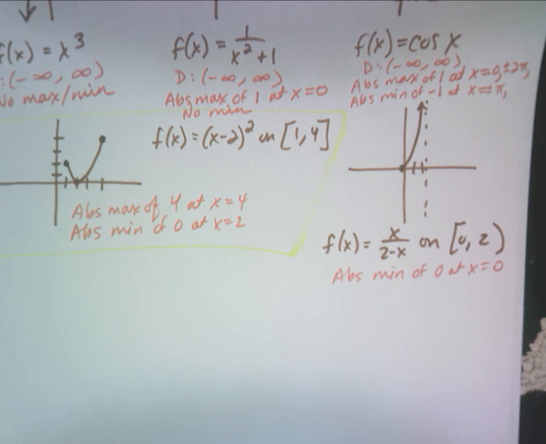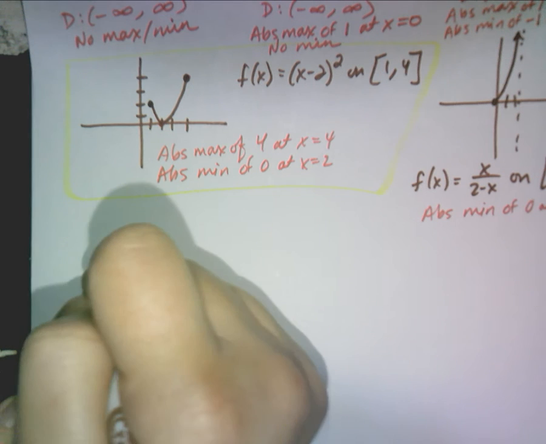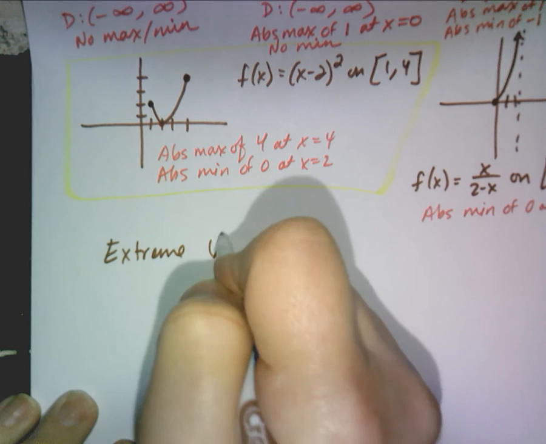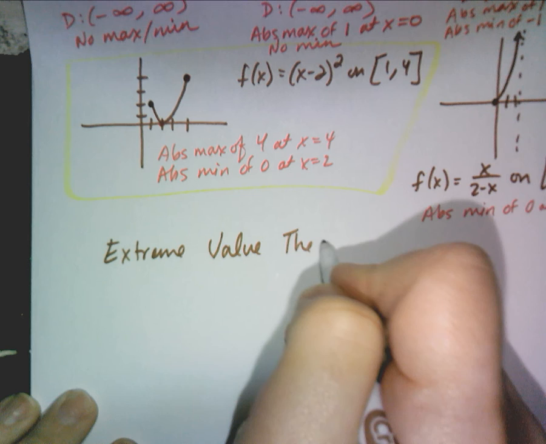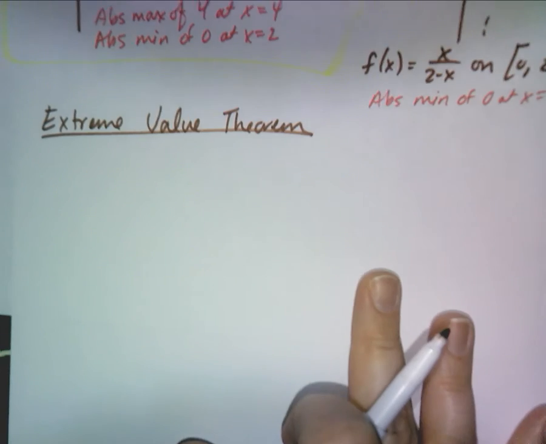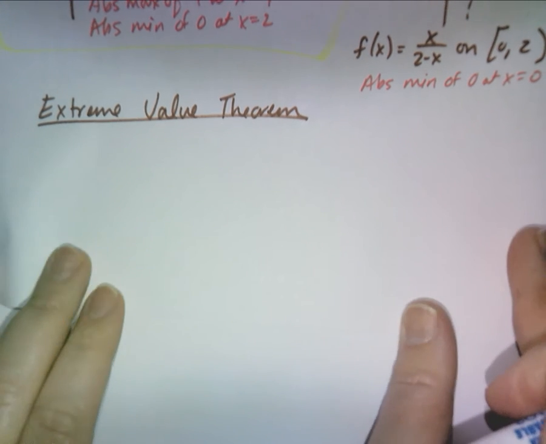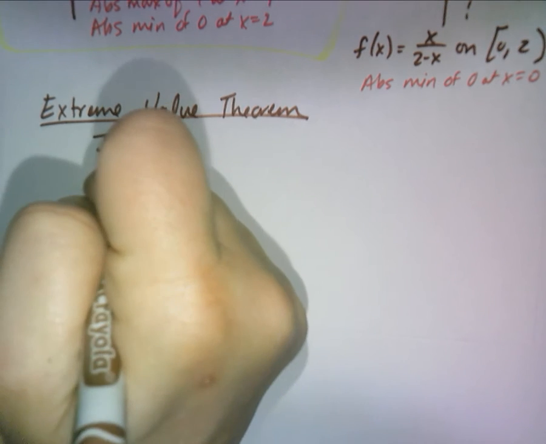So with that said, let me introduce you to our next lovely theorem, which is called the extreme value theorem. I do like you to write all these definitions down because I don't want math to be scary to you. When you start reading definitions, they sound crazy, but they're not that scary if you break it down.